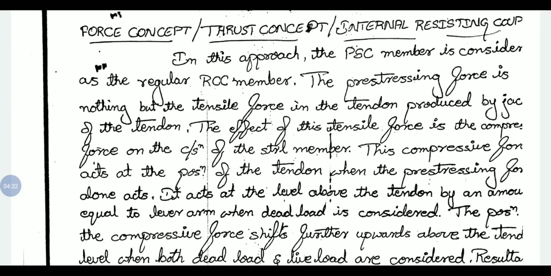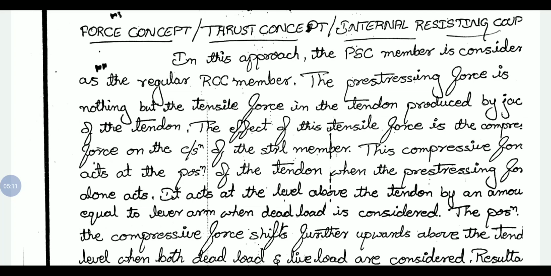That compressive force will act exactly at the location of the tendon, when we consider only the prestressing force in the member, that is, not considering dead load and live load. After considering dead load and live load, as the load increases, the compressive force gradually shifts upwards from the location of the tendon.